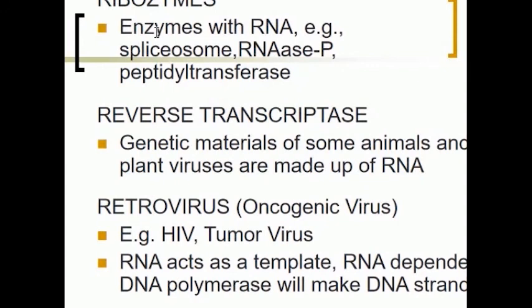So they have an enzyme called reverse transcriptase. Normally, transcriptase converts DNA into RNA, right? Whereas reverse transcriptase converts RNA into DNA. Based on the nucleotide sequence present in the RNA virus, reverse transcriptase will synthesize a DNA. That is the significance of reverse transcriptase.